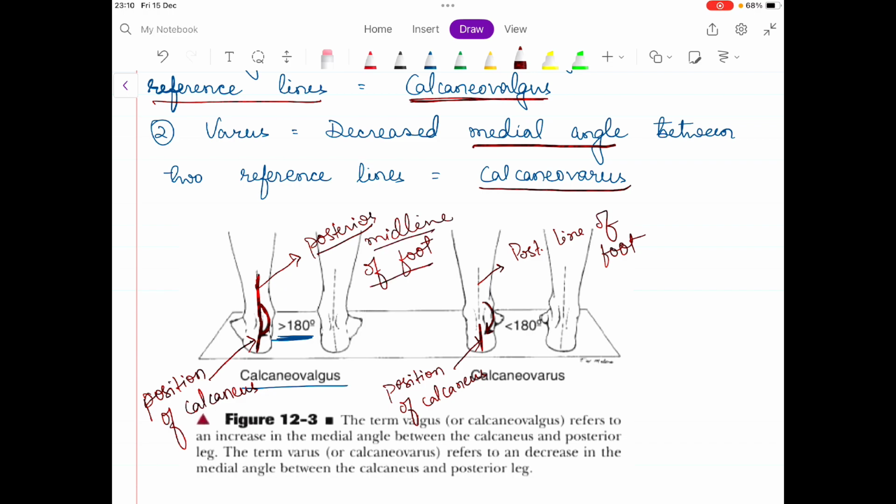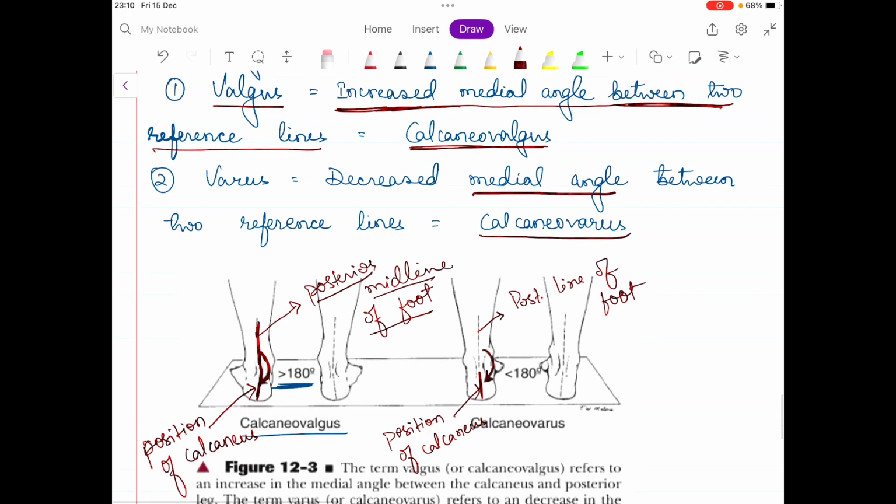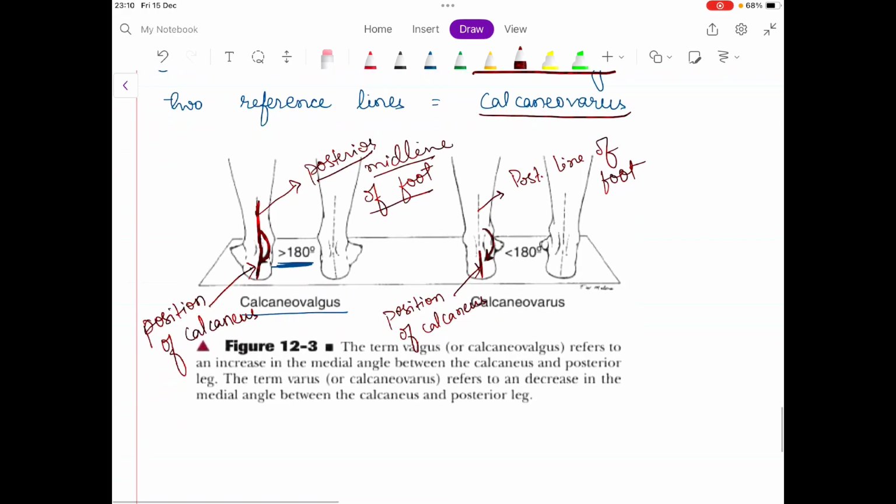Okay, and the second reference line which is taken is the position of the calcaneus, which is the posterior midline of the calcaneus, you could say that. Okay, so when the angle is increased, that will cause calcaneovalgus, and when this angle is decreased, that will cause calcaneovarus.